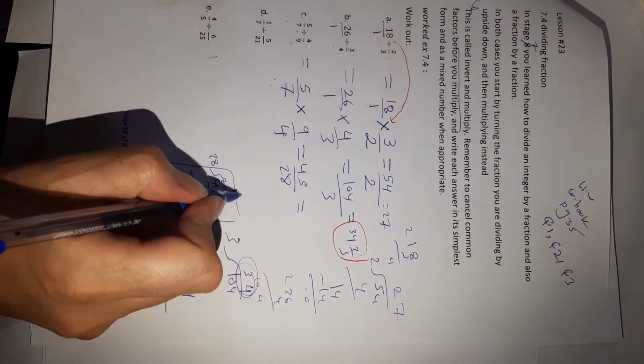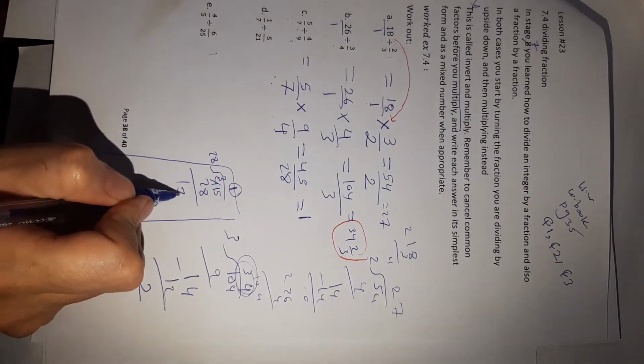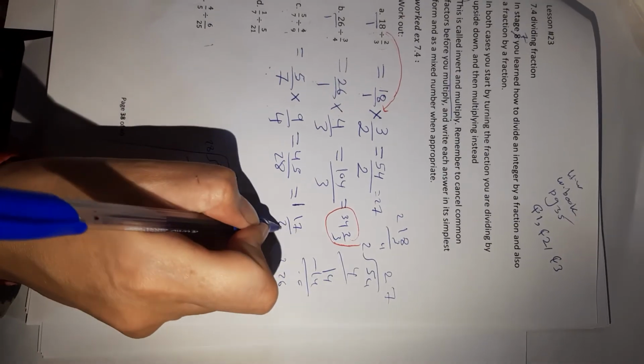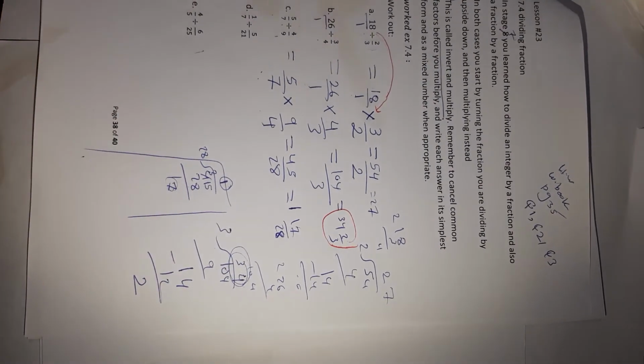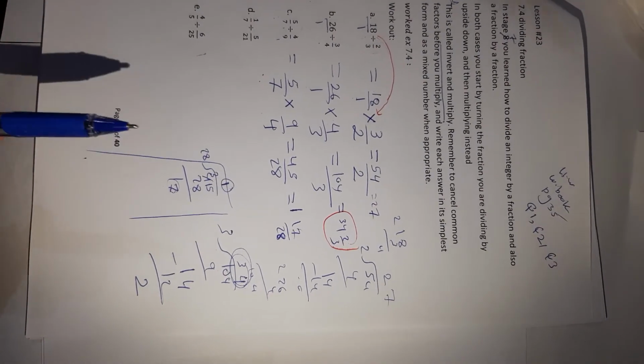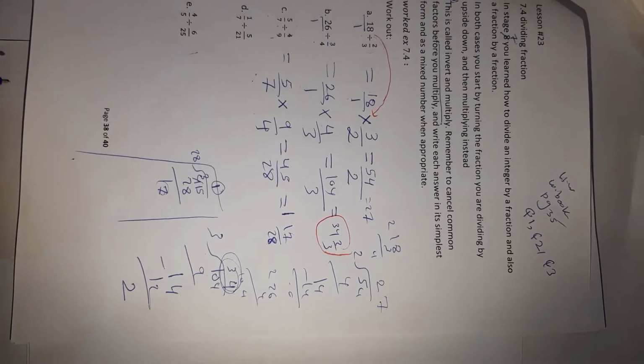So here 1 whole number and 17 over 28. Now 17 and 28, there is no common factor. So here the solution is in its simplest form.